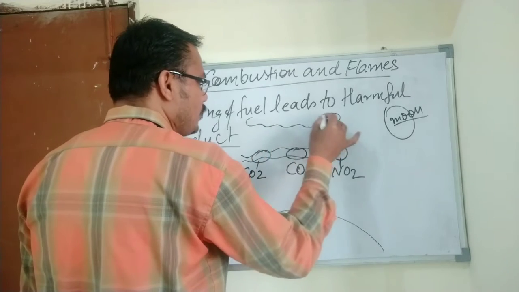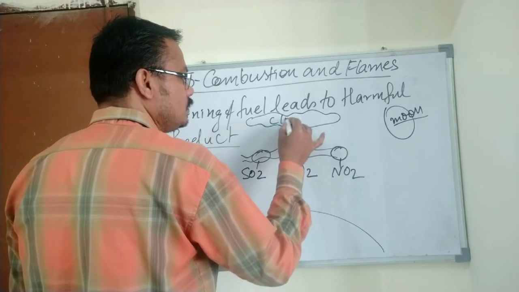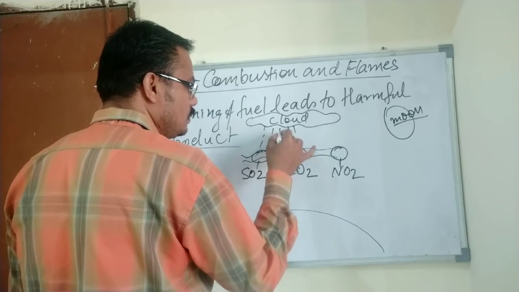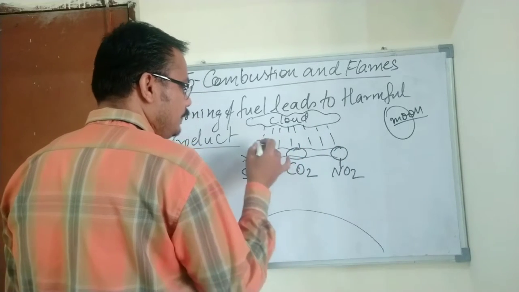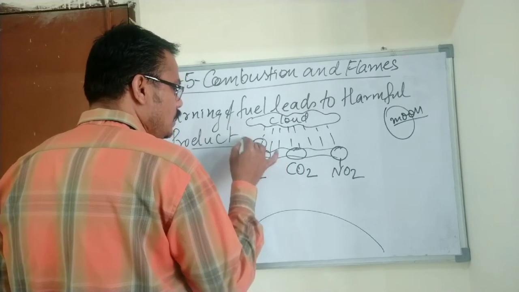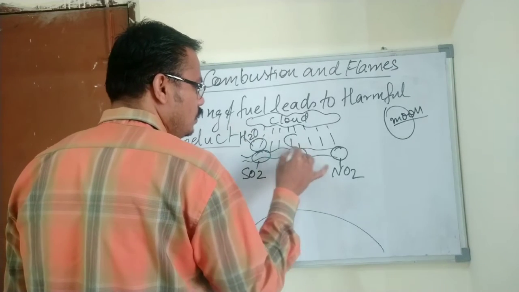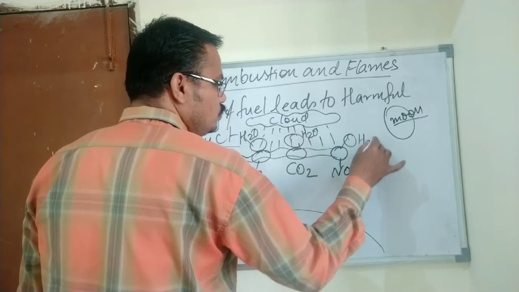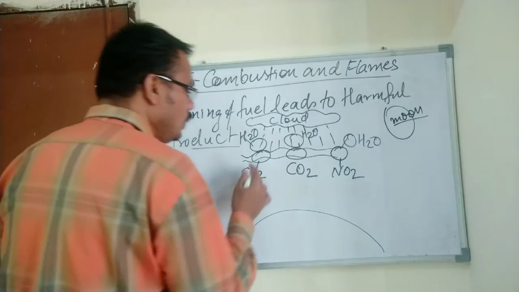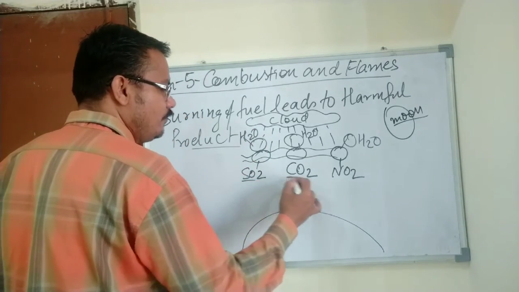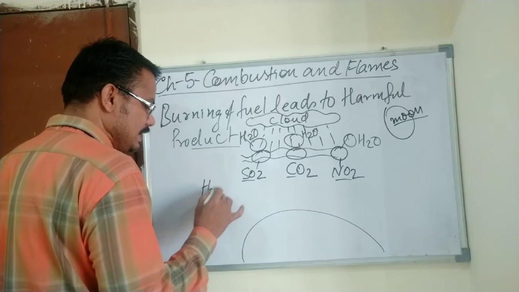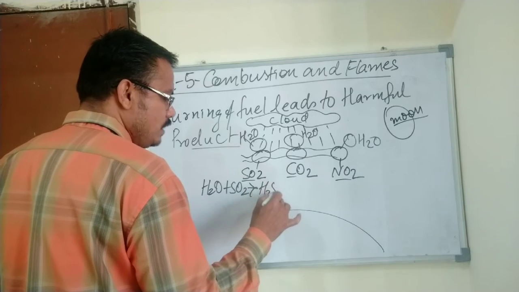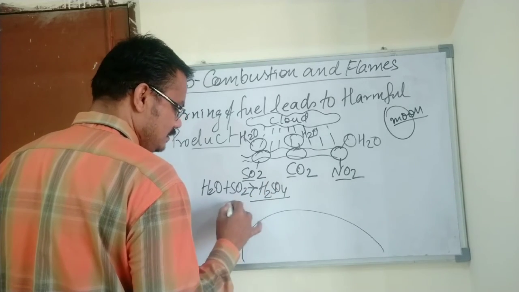And suppose from the cloud, this is the cloud, when rain started falling, this rain contained H2O, and when this H2O comes in contact with these different gases, suppose when this H2O came in contact with SO2, it forms H2SO4 acid.